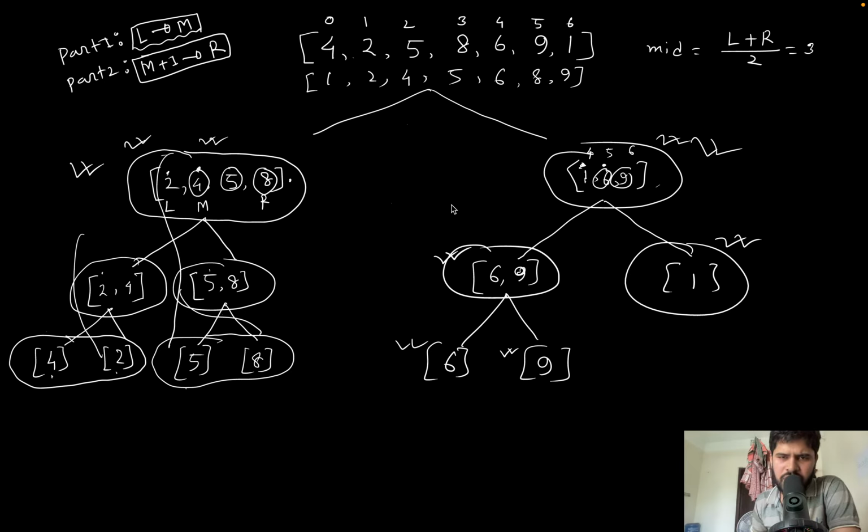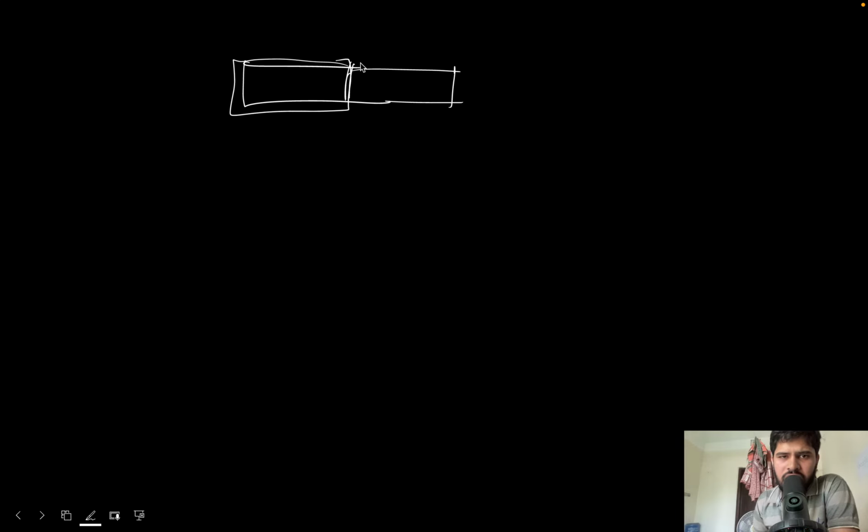We are just dividing, making two halves. So we have this half and this half, or two parts. Each time we are dividing our problem into two subproblems.